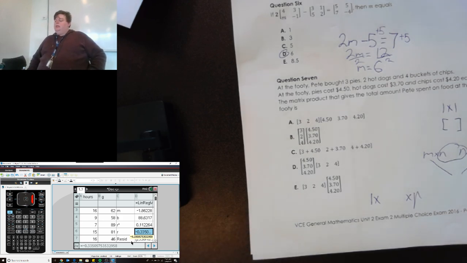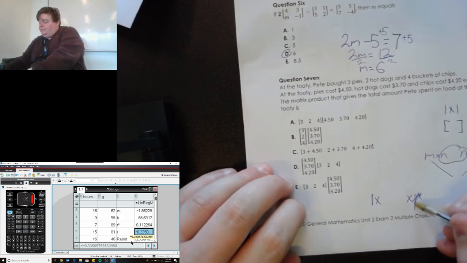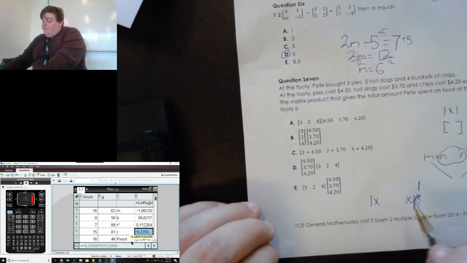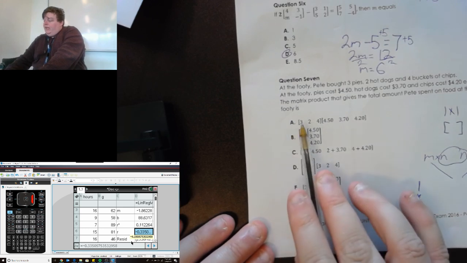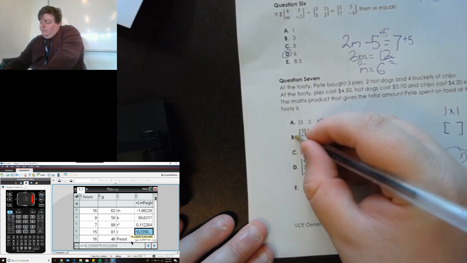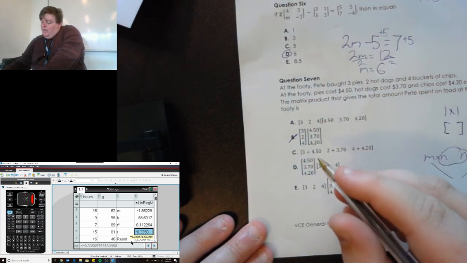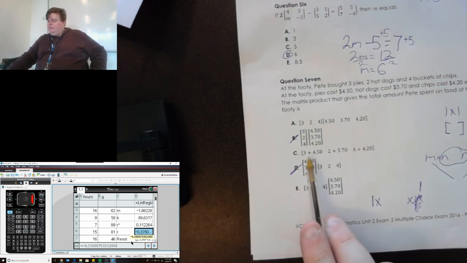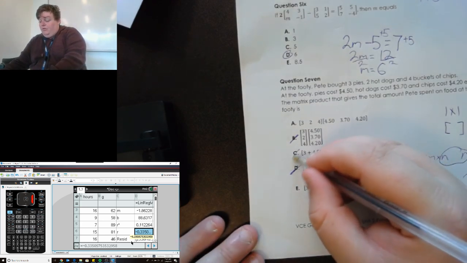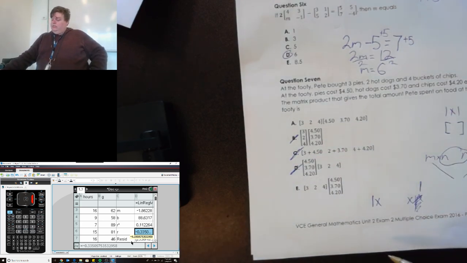Alright? So the first matrix has only one row, so I can cross this off because that's got 3, and cross that off because that's got 3. This one they're also plussing values together, which is wrong, so I'll get rid of that. So it's either A or E.